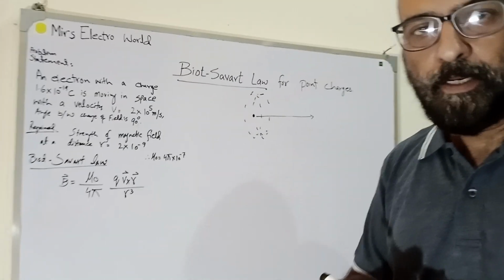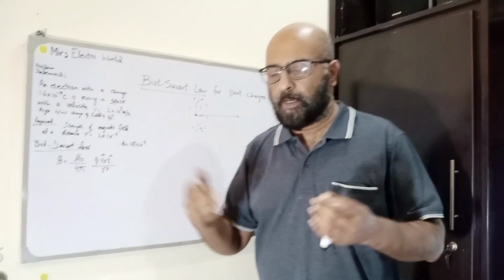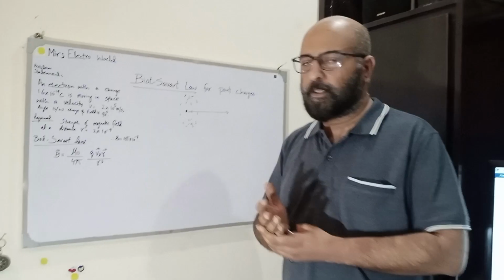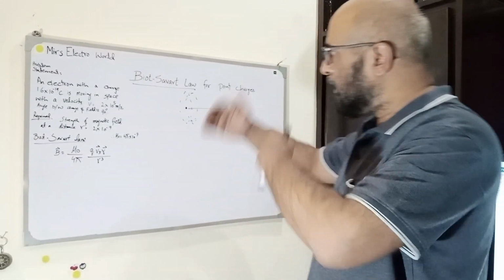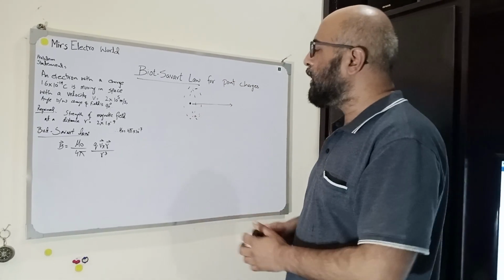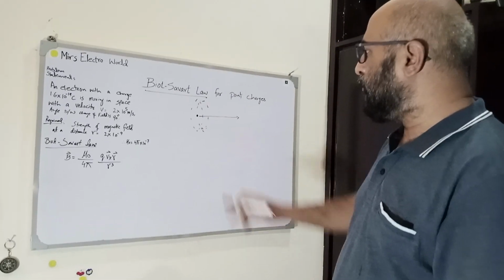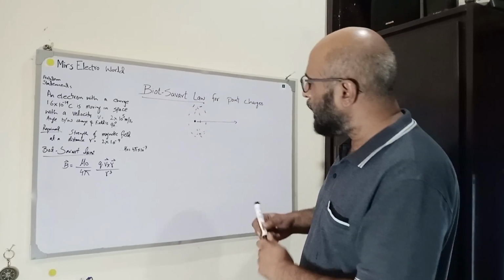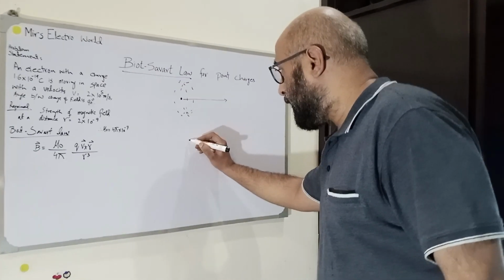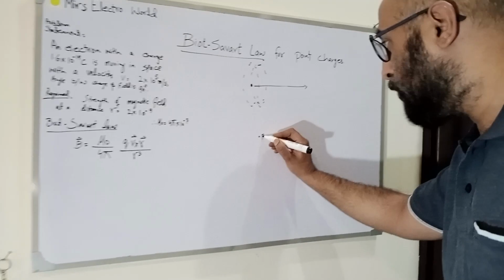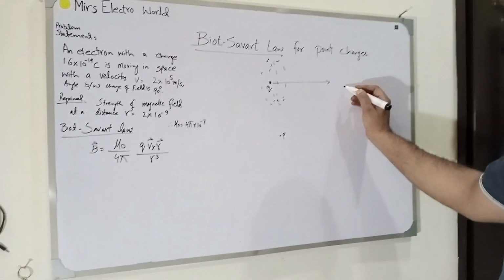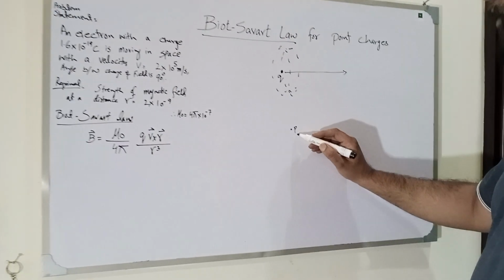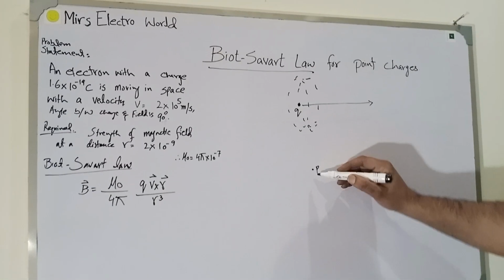When it's stationary, there is no magnetic field. When it is moving, it builds a magnetic field around it. So we are going to find the strength of this magnetic field at any point. Let's suppose this charge Q is moving here, and this is the point at which we want to calculate the strength.